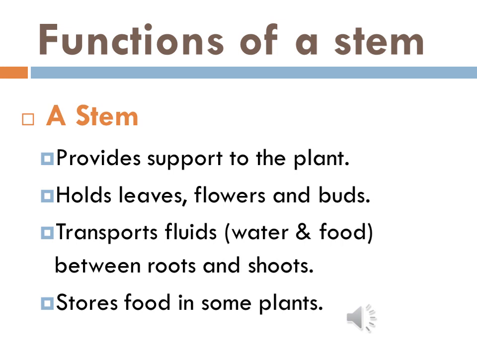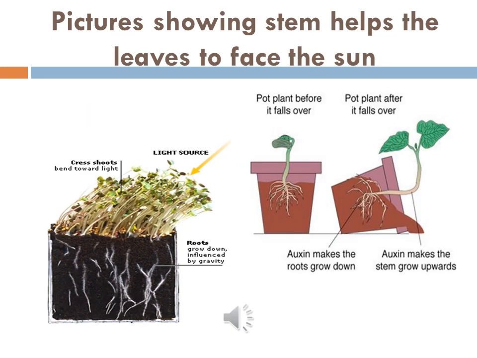Means some of the stems perform the function of storage of food. These are some pictures which show how the stem moves towards the light so that the leaves get light to prepare their food.